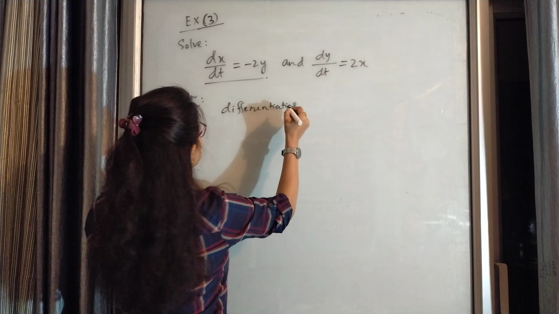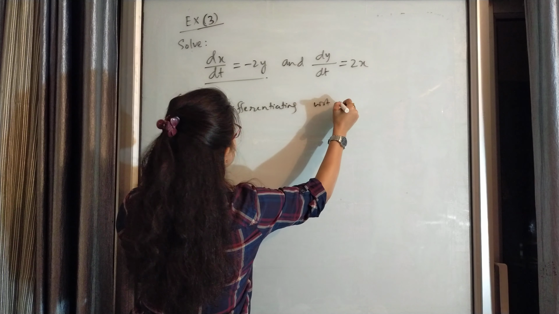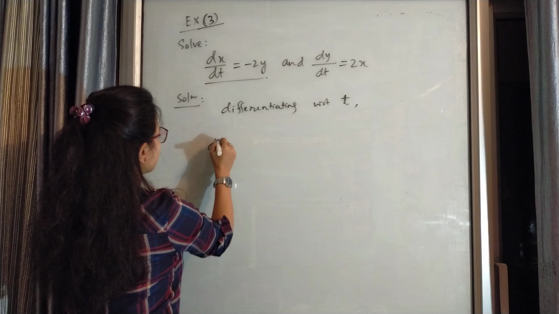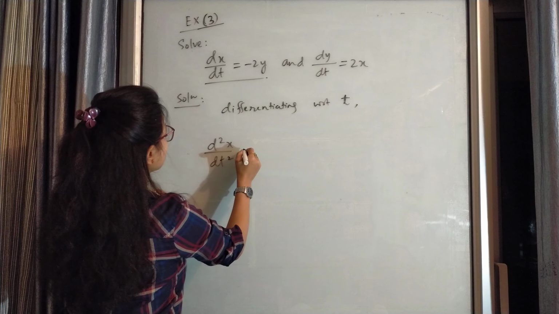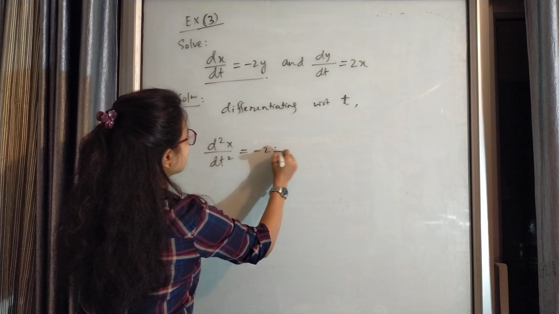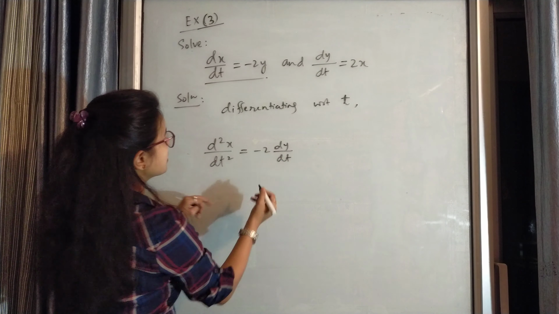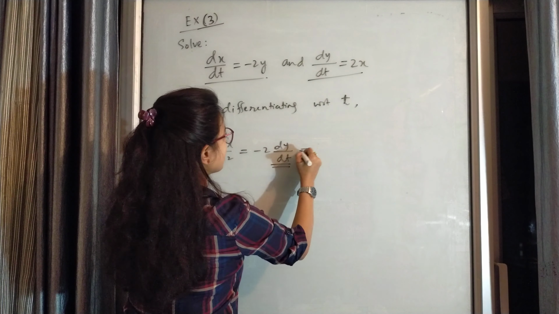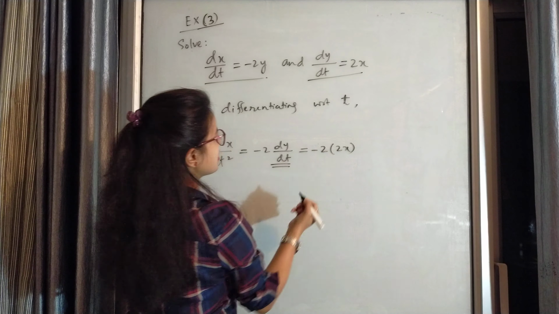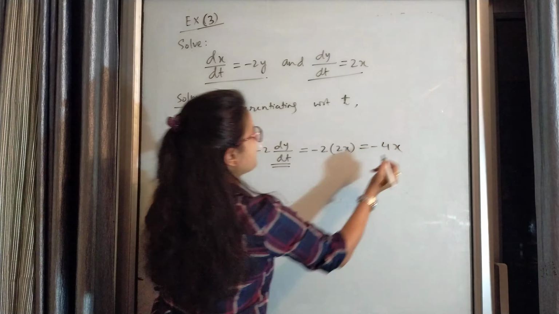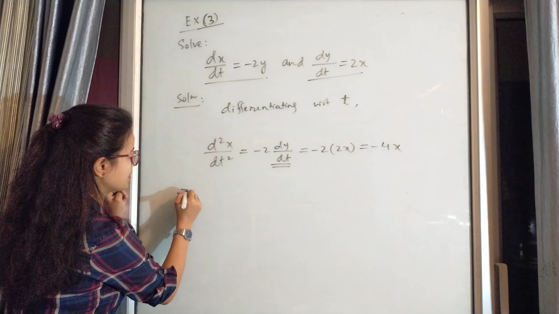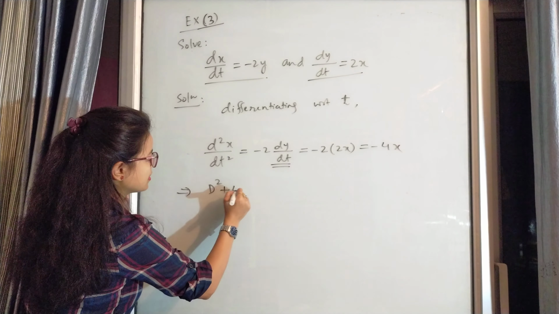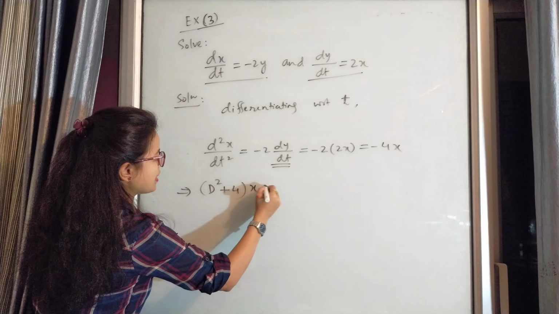So differentiating this first equation with respect to t, we will get dy/dt, here dy/dt from the second equation giving 2x, so it's giving minus 4x. Then this we can write, using the operator D, as (D square plus 4)x is equal to 0.